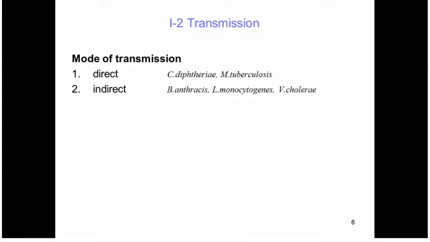So one infected person will contaminate something, and then that contaminated object will infect the next person. So anthrax bacillus is spore forming, a dead animal will release spores into the ground, and that field will remain contaminated for years or decades. So indirect contamination through spores.